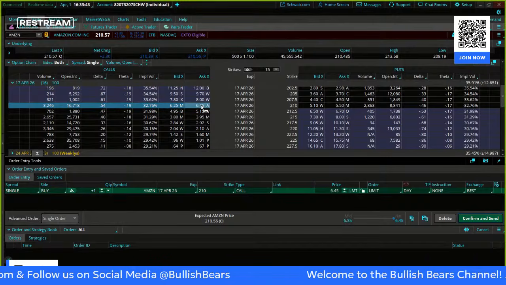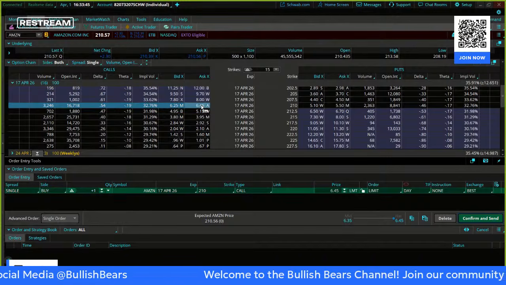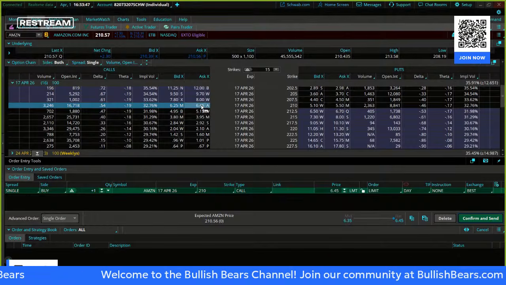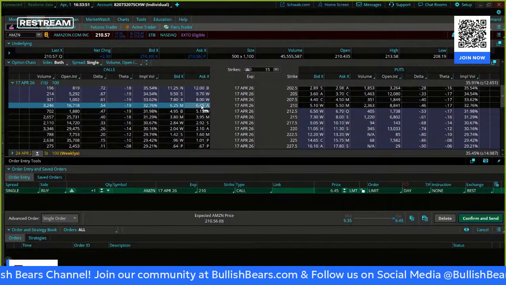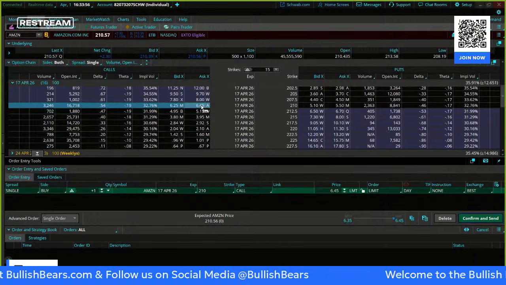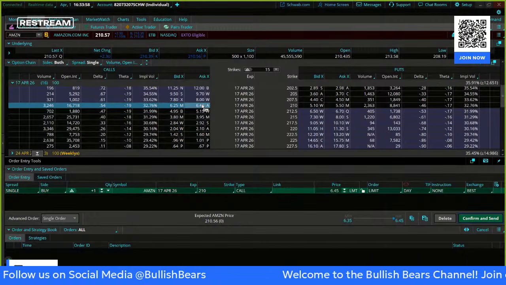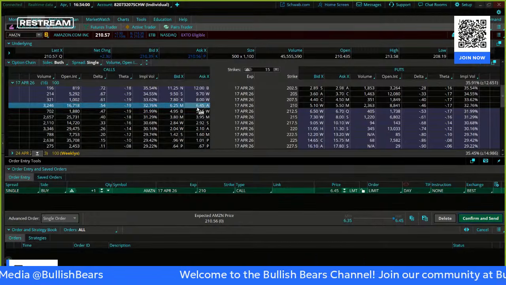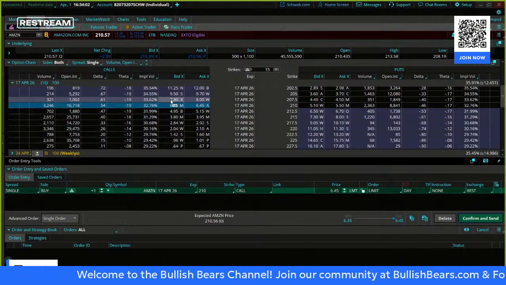Now, somebody's going to hear me say that and say, well, why hold it to expiration? If it makes a quick, fast move, the stock is going to rise, the option will increase in value, and you can get out for some money. Sure, I could. If it moves $2.50 today, well, tomorrow what I bought for 6.45, I could sell for 7.80.